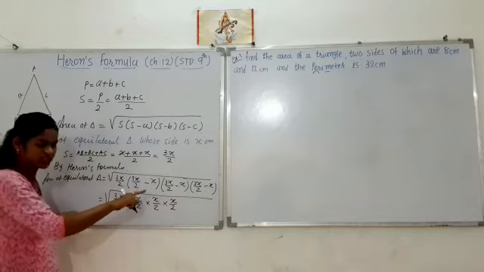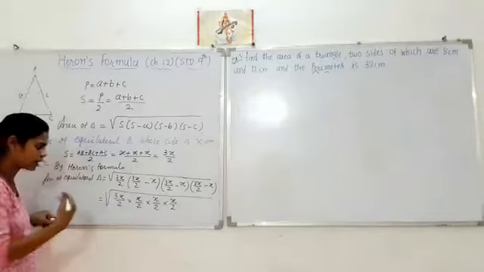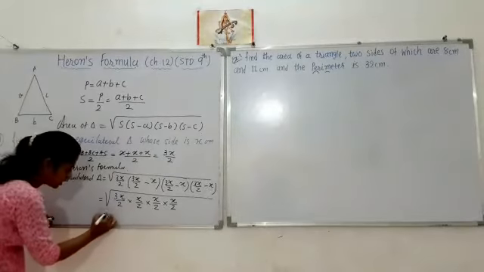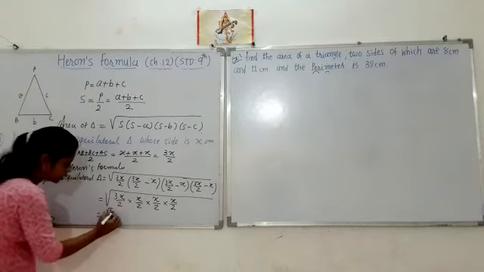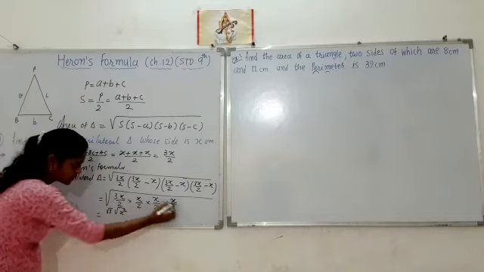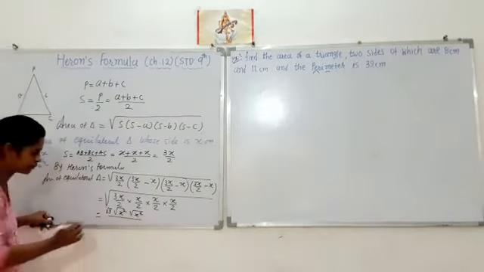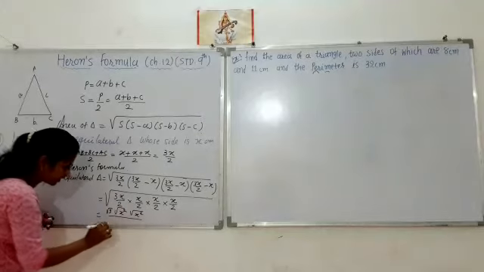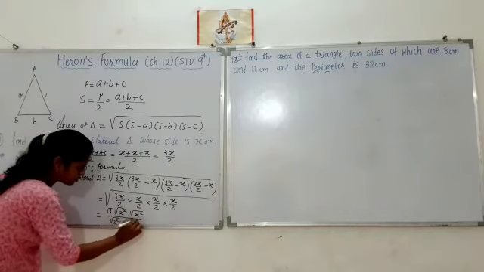Now for removing this square root, you should make pairs of two of the same digit or same variable. So here you have root of 3 into x into x square. I take individual square roots: root of x square, and the same way 2 into 2 square, so square root of 2 square, similarly square root of 2 square.